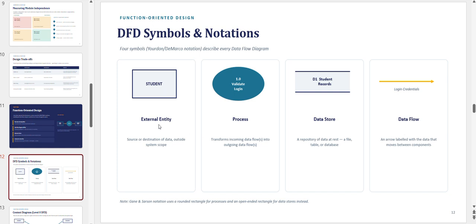An external entity is a source or destination of data outside the system scope. A process transforms incoming data flow into outgoing data flow. A data store is a repository of data at rest, a file, table, or database. A data flow is an arrow labeled with the data that moves between components.